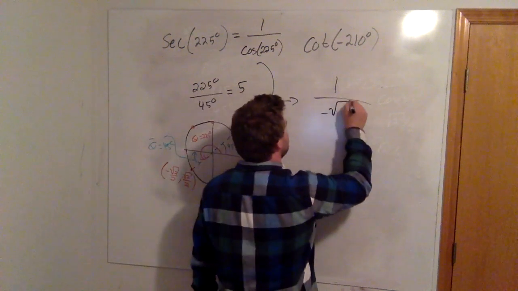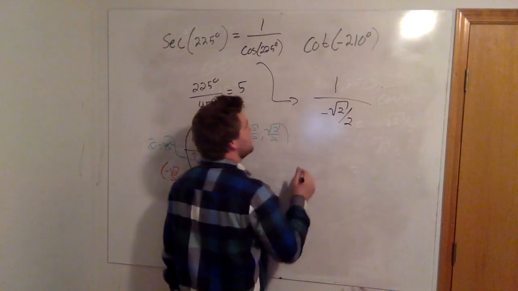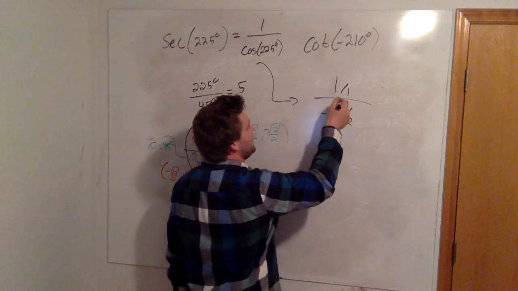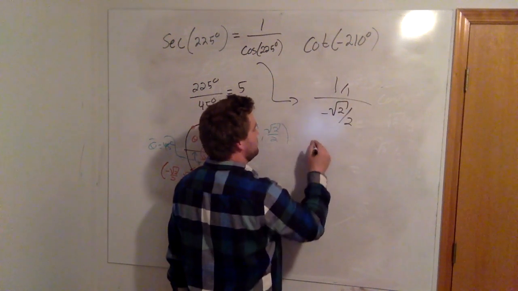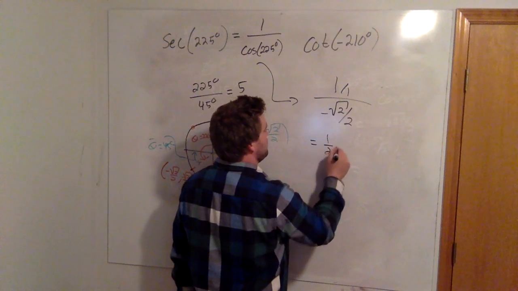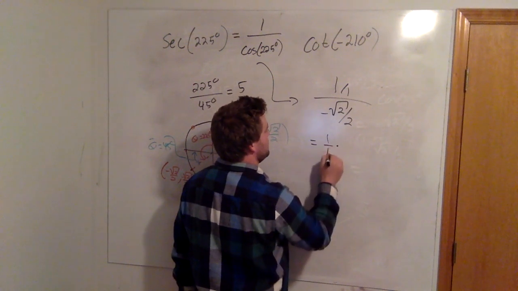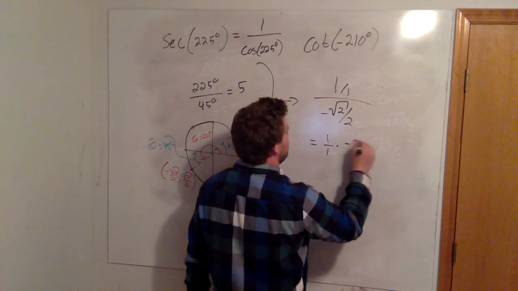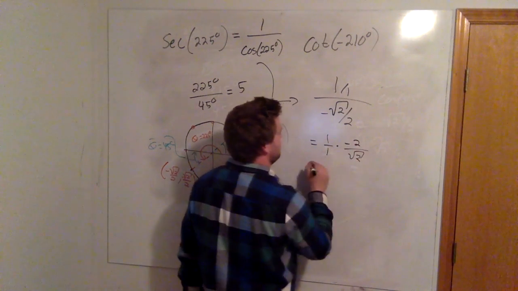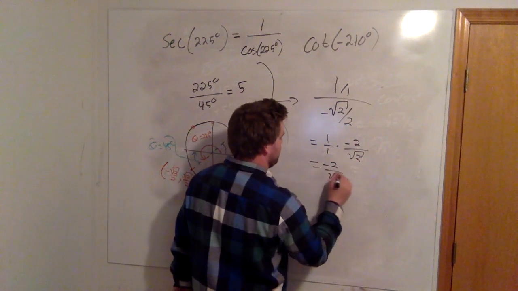So think of this as 1 divided by negative root 2 over 2, which is equivalent to 1 times negative 2 over root 2, or just negative 2 over root 2.